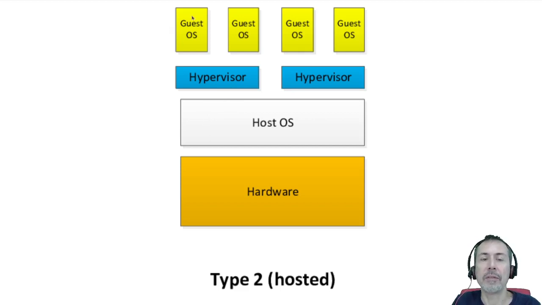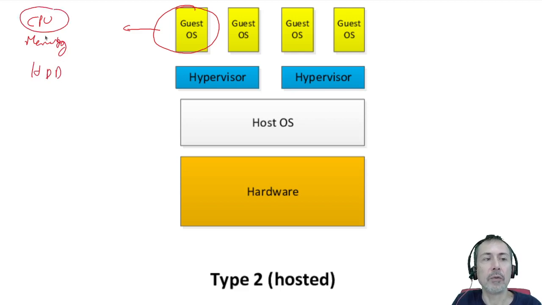Some of these resources will be used only when the machine is running. For example, if you create a virtual machine and you start it, you will have a CPU, a memory, and a hard drive. The CPU and the memory will be used only when the virtual computer is running.